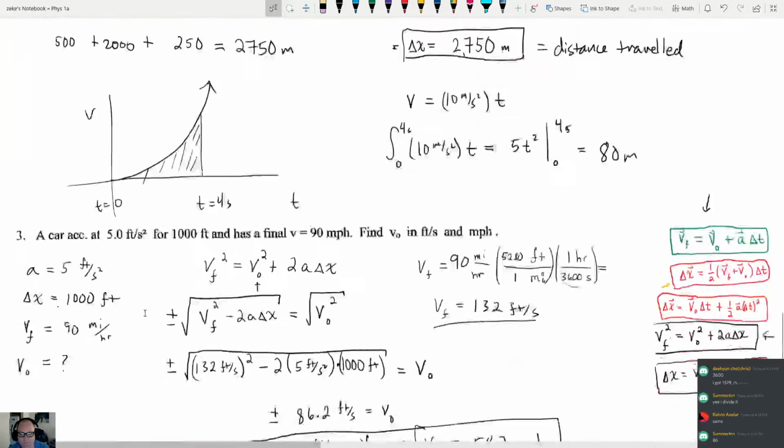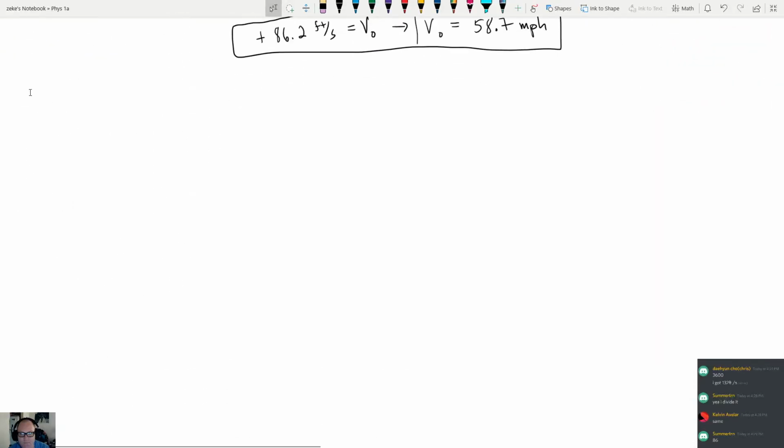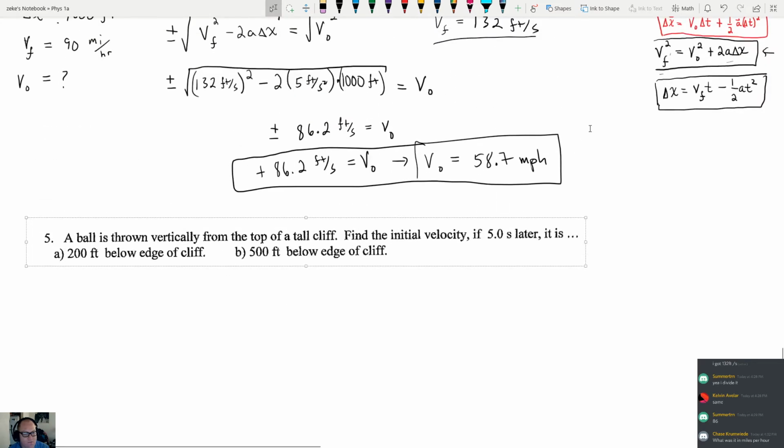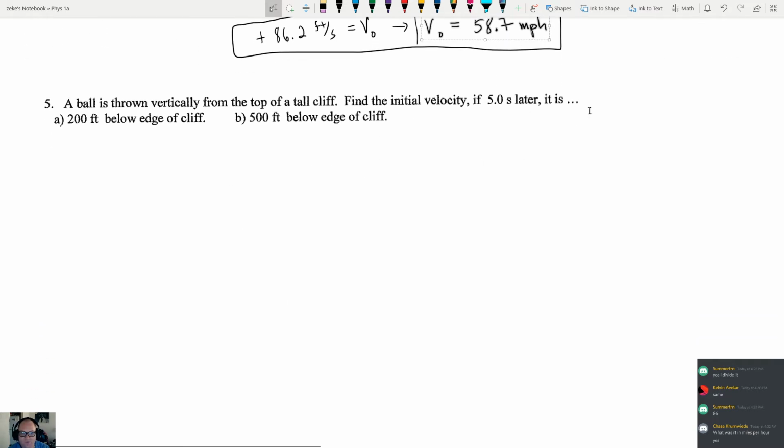All right. Miles per hour? That's what I got. Did anyone else get the same answer? 58.7. Leave it up there. Let me know if you got the same answer.